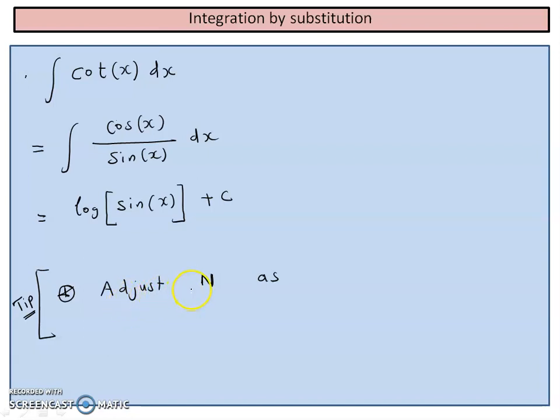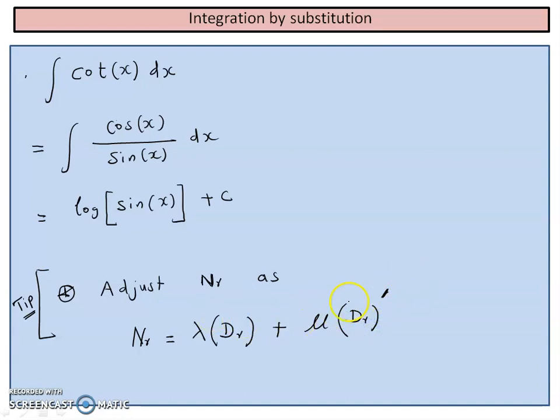How we have to adjust the numerator? The numerator I denote by NR. NR will be adjusted as some constant lambda into the denominator plus some other constant mu into the derivative of the denominator.